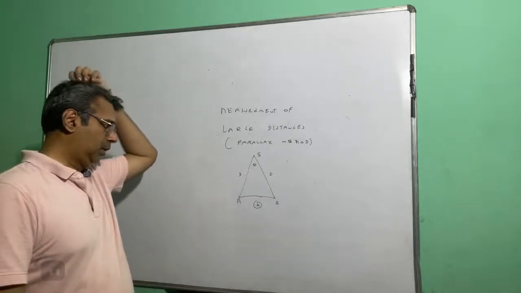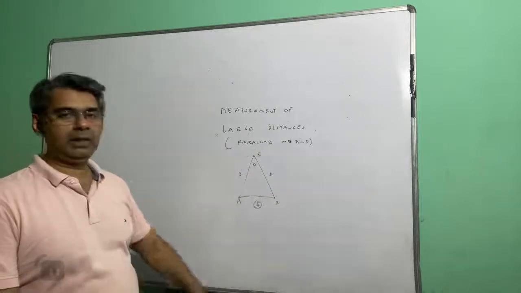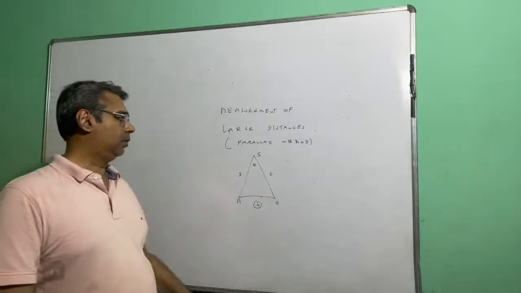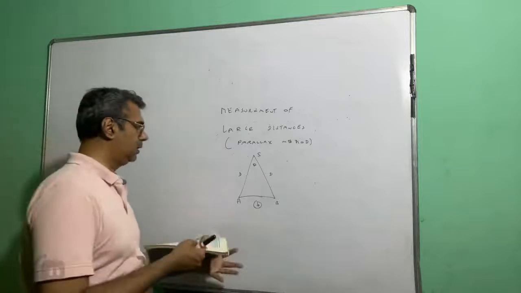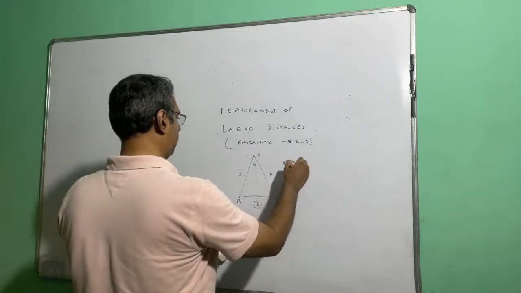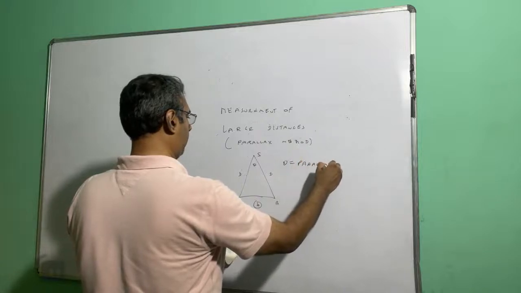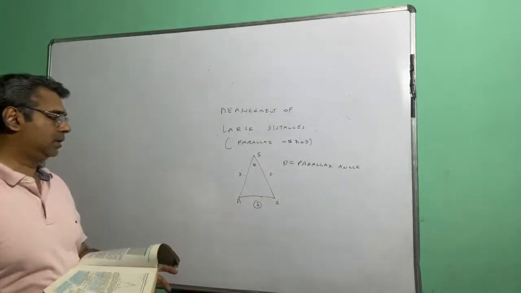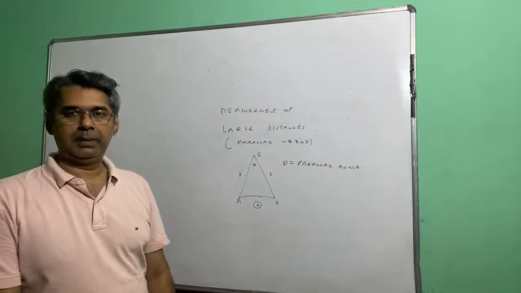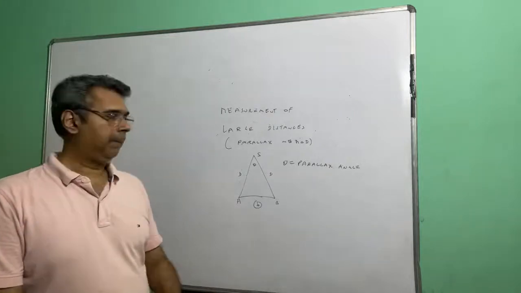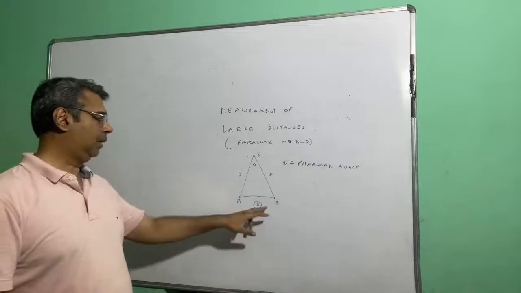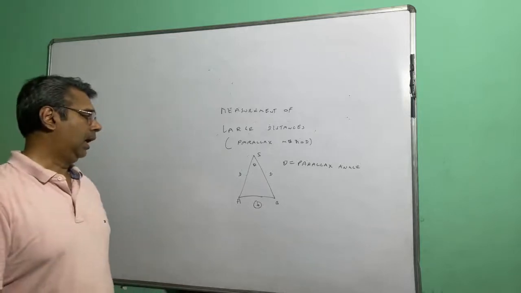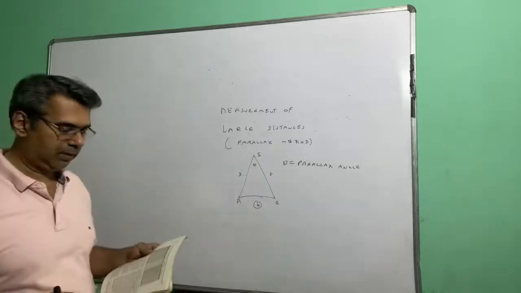The distance up to the planet is capital D. This angle theta is called the parallax angle. The separation between A and B is small b, and I need to find capital D. That is what I have to do.